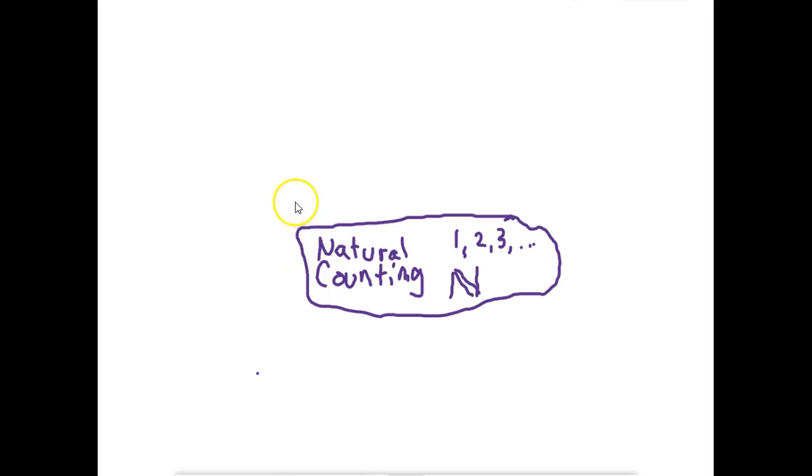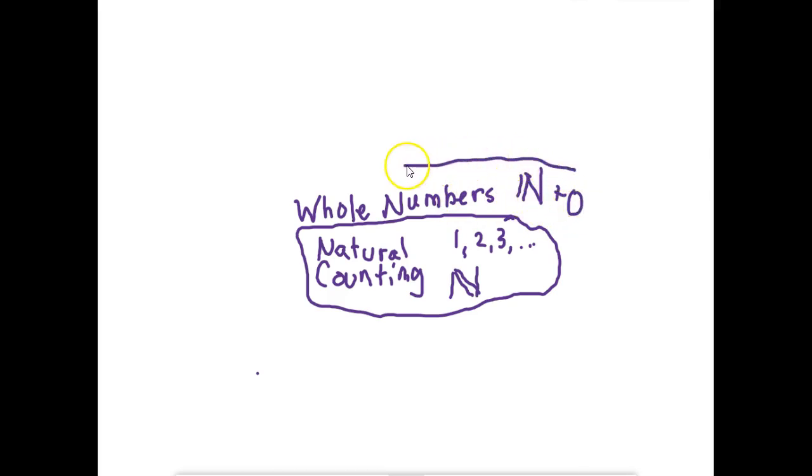So then we have the whole numbers, which is our natural numbers plus 0. And that's it. Whole numbers are only positive. The natural numbers are counting numbers plus the 0.